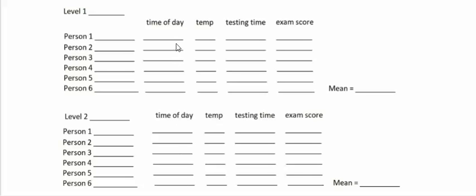Now, if I say to make it a confounding variable, then that means I'm telling you to make it unequal between the groups. And the simplest way to do that would be to pick a time of day for everyone in group 1 and pick a different time of day for everyone in group 2. So if group 1 was all 9 a.m.